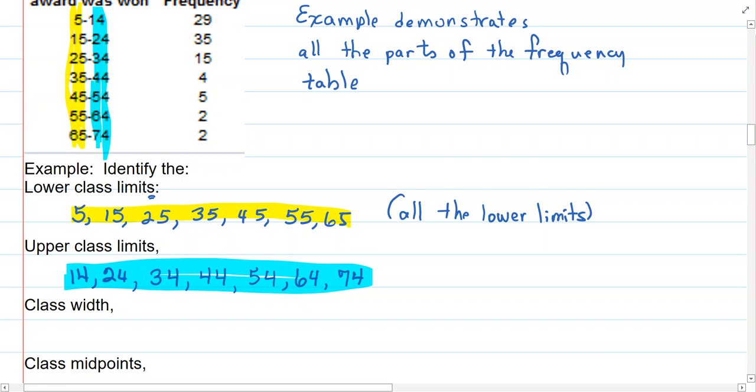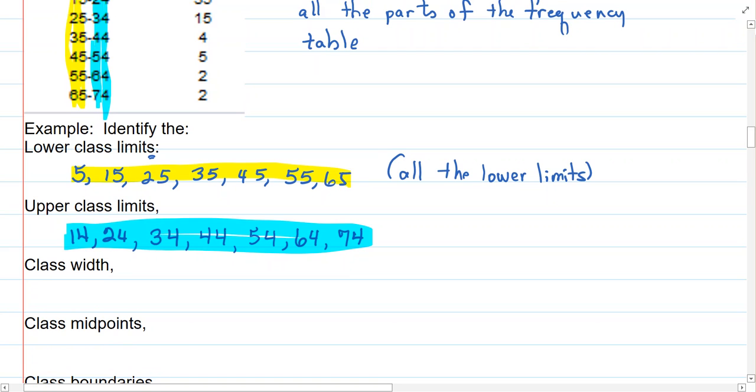All right. Now, the class width. In this case, we want to know how many data are included in each class.